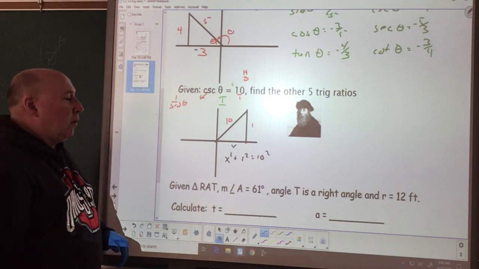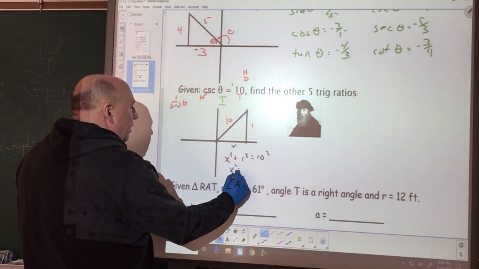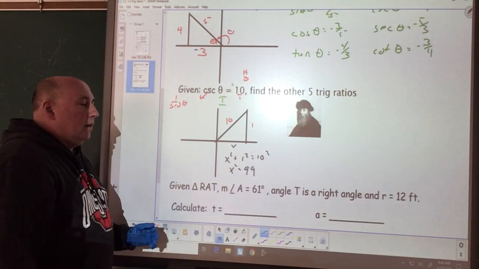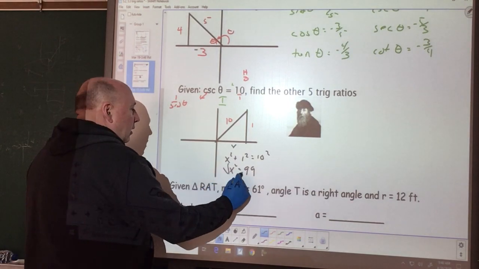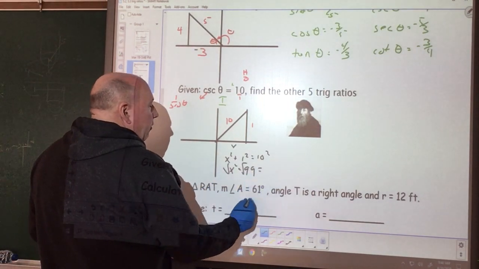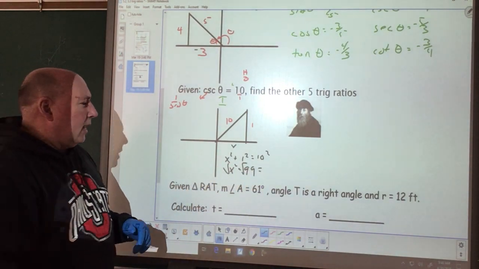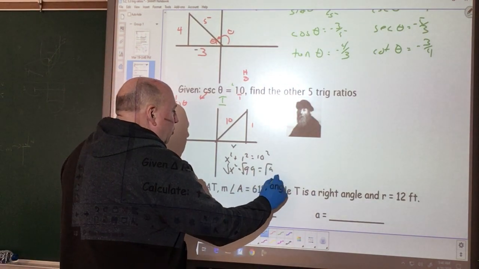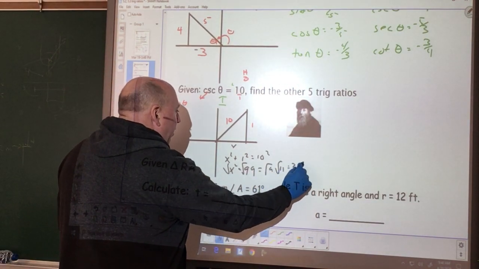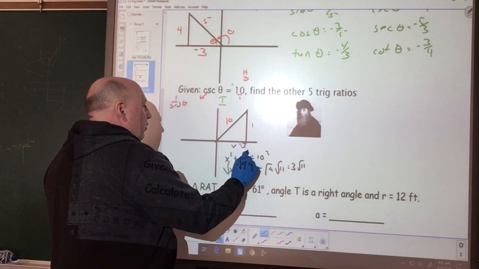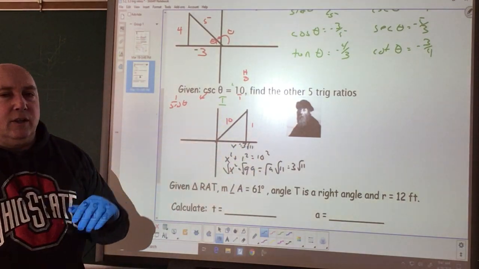So I can subtract my 1 over. X squared is equal to 99. Take the square root. So we have the square root of 99, which I could break down to square root of 9 times square root of 11. So we have 3 square root of 11. And then you can find your other trig ratios there.